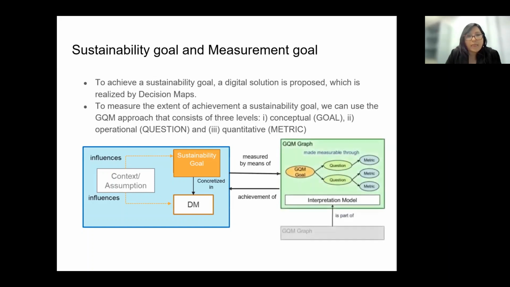I think this picture answers the question, because you can see the GQM graph. This goal question metric graph contributes to the achievement of your sustainability goal. And also the sustainability goal is measured by means of a GQM graph or a set of GQM graphs.